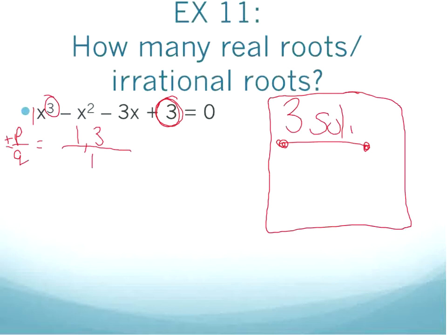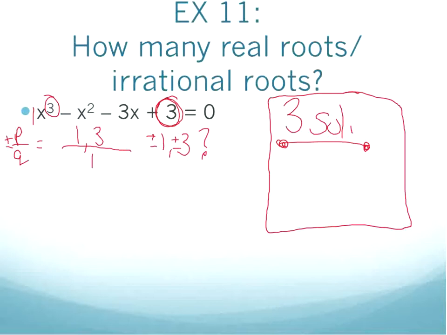Oh, this one's so nice compared to what we did last week. Because look at my only options: 1 divided by 1 or 3 divided by 1. That's really handy. So we know 1 and 3 are my only options, except I do have to do the plus or minus version. So these are my possible options that would work with synthetic division.